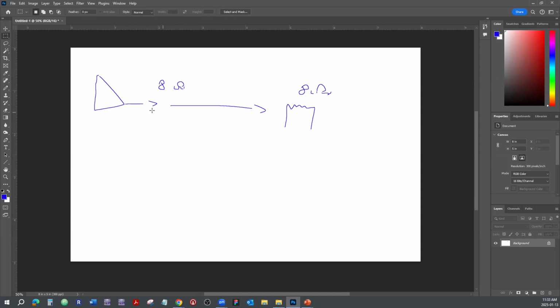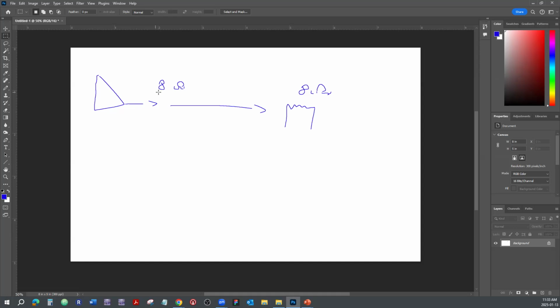All right, why do we need the output impedance to be the same as the impedance of the load? Why do we need this to be matched with the output impedance of the amplifier in our case?